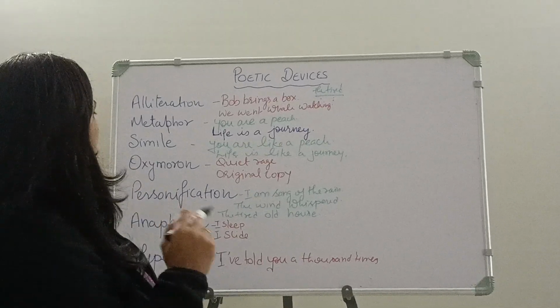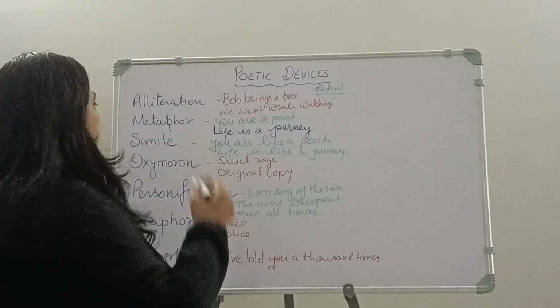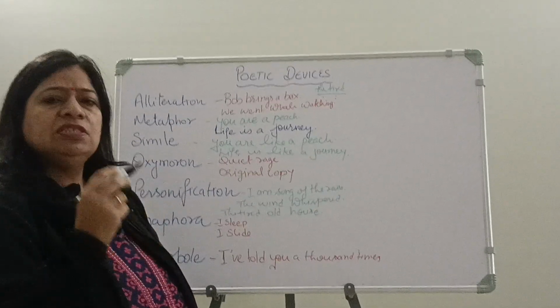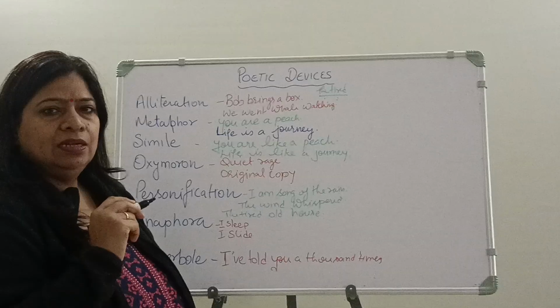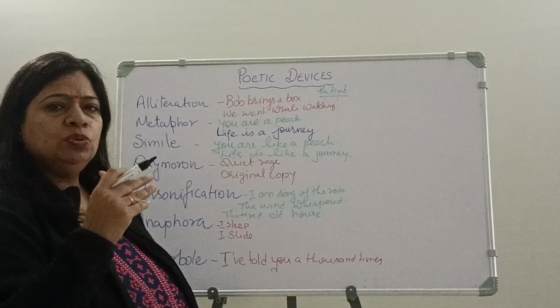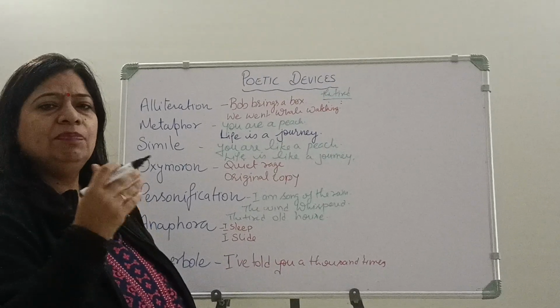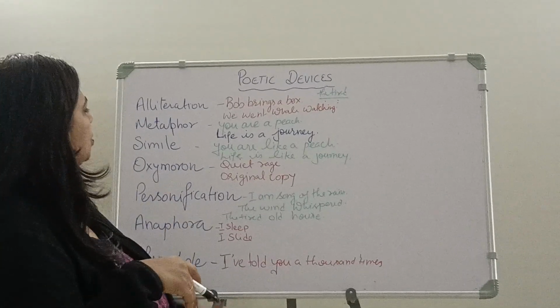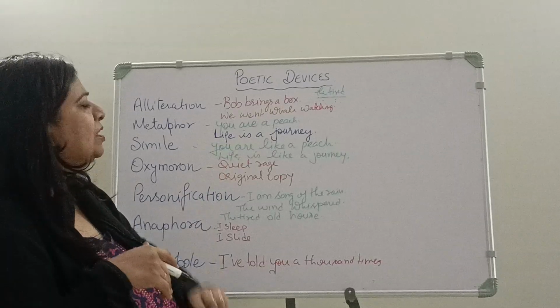Right? Now let's come to another one, metaphor. Metaphor is a poetic device which is used for comparison. Comparison of two things with each other on the basis of certain characteristics, certain qualities. So you see, you are a peach.